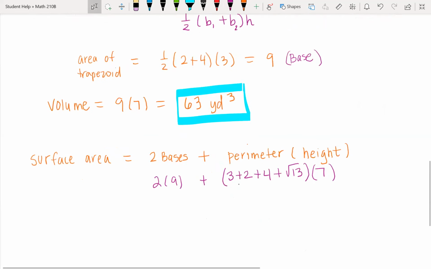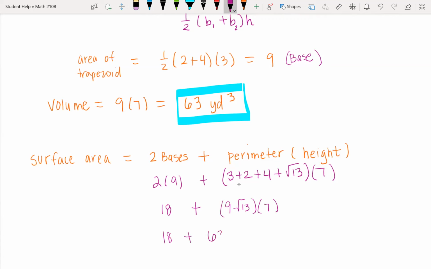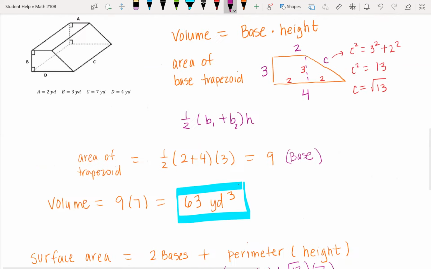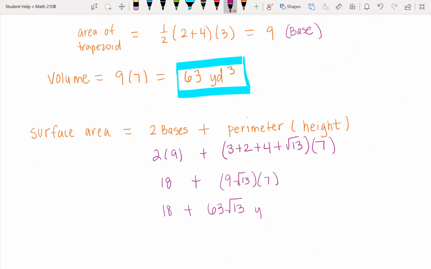So putting that together, I've got 18 plus 9 square root 13 by 7. 18 plus 63 times the square root of 13. And this is, I think it was yards. This is yards squared.